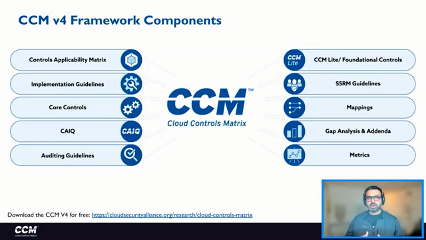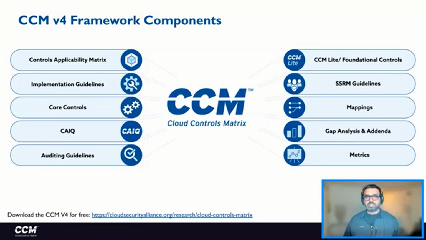All of this is really important when you are starting your journey of cloud security, or you're maturing your journey in cloud security. Core controls and the CAIQ standardize security expectations and streamline assessment across diverse cloud environments. Again, all of these are really helpful when you are looking at the cloud from an objective view, as an outsider, not through the lens of a vendor.